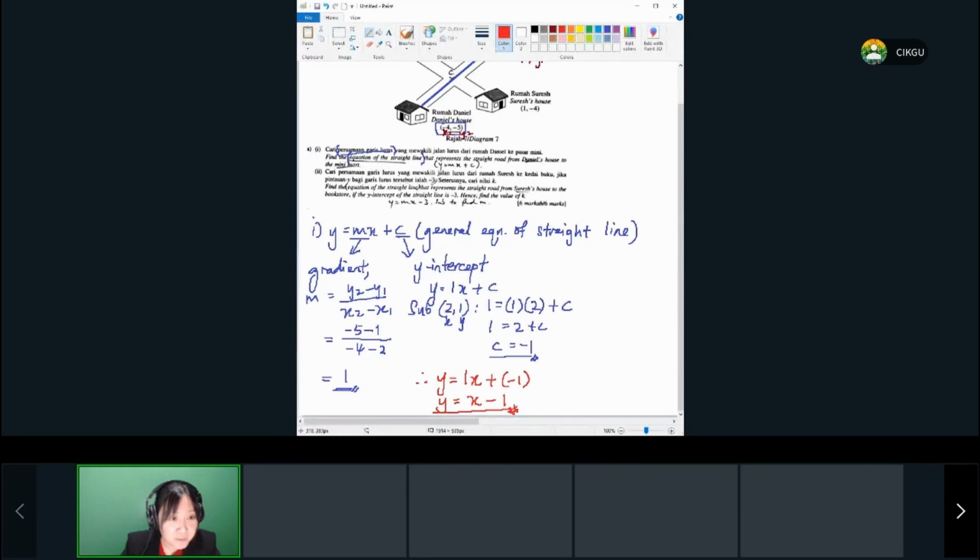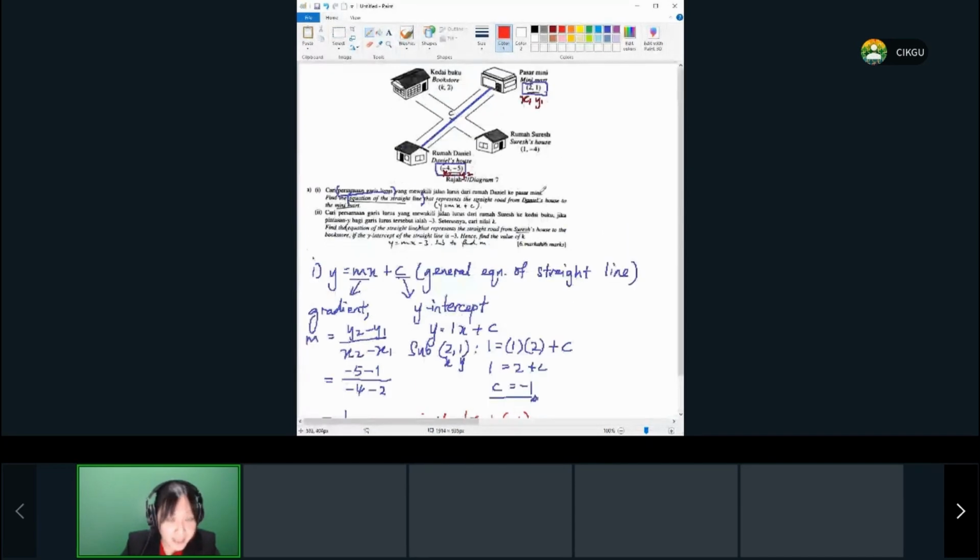That represents the straight road from, now they want it from Suresh's house to the bookstore. All right, no problem. So let me indicate this with the red line. They want this, they want another one.